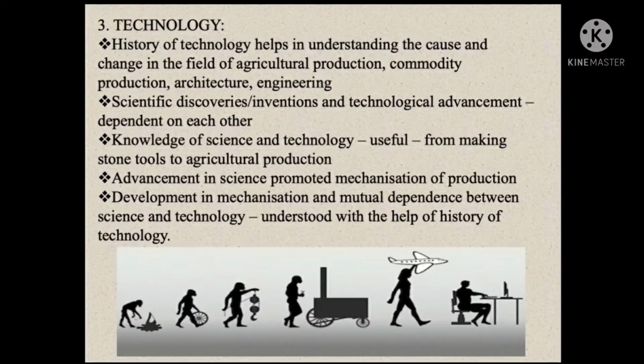Later, the advancement of science promoted mechanization, means invention of machines for production. So, it is necessary to know the history of technology. This technology helped them towards progress in making machines, which made their life easier.